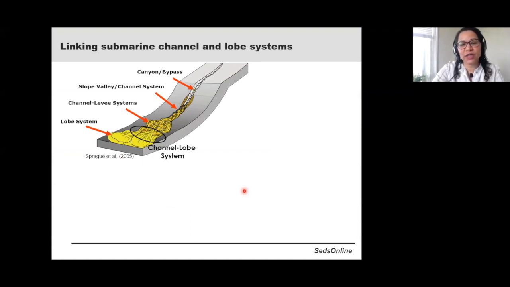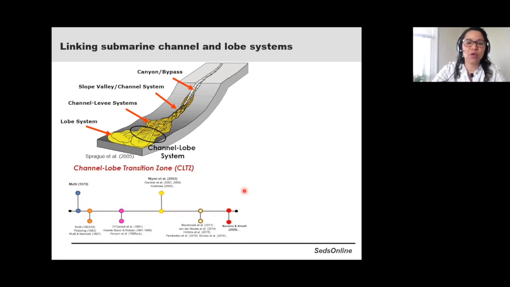I want to discuss what happens in the area that we call the channel-lobe system. This area typically occurs at the base of the slope, and it is where what is called the channel-lobe transition zone takes place. This is a term that was coined by Mutti at the end of the 70s.